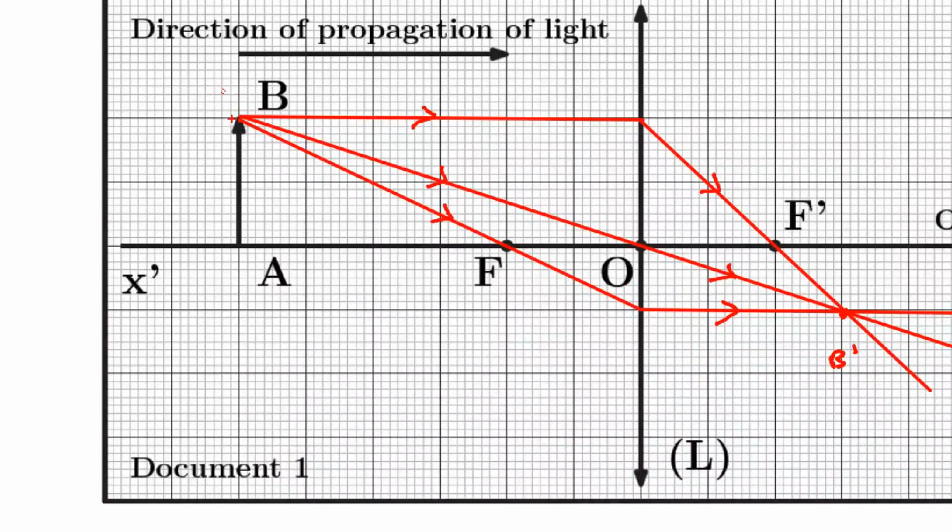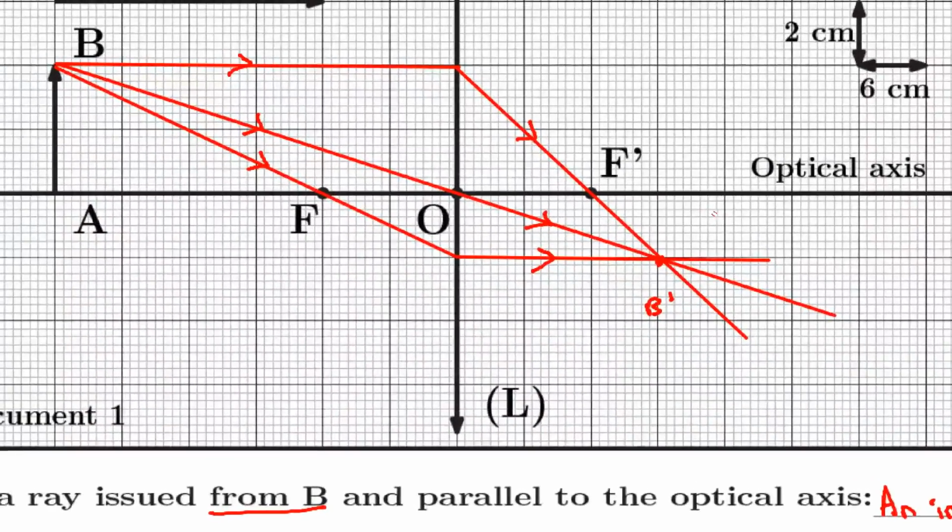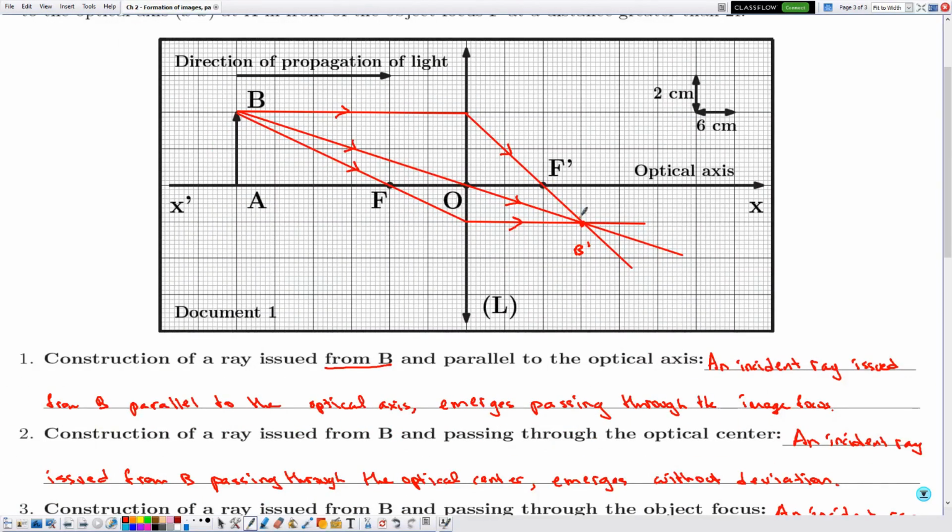Now a hat is found on B directed away from the optical axis like this. Then we must place a hat on B prime. So B is directed like this, the hat. Then we must place a hat on B prime directed away from the optical axis like this. So this is the hat.